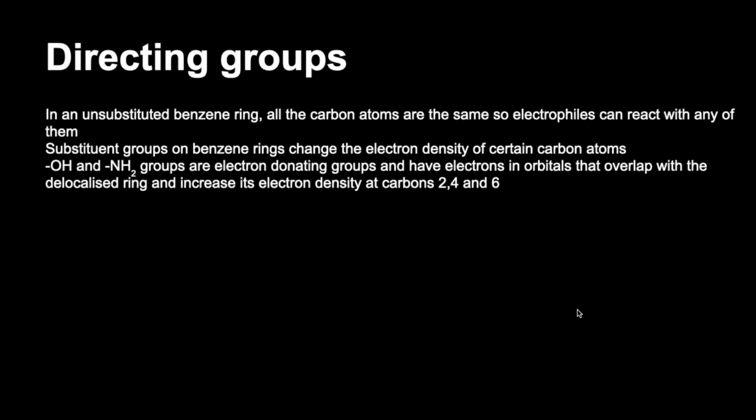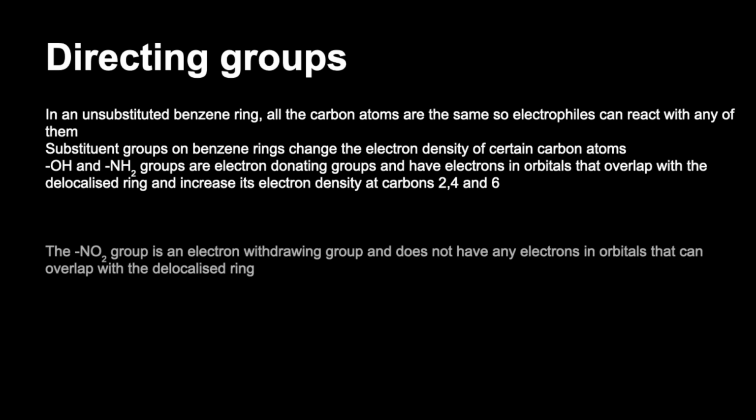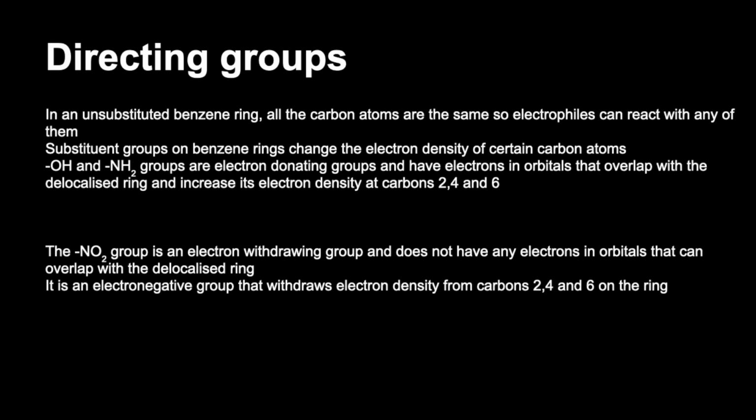So moving on to the opposite scenario to that now. So the NO2 group is the only group that you need to know about off by heart. That's electron withdrawing. So it doesn't have any electrons in orbitals that can overlap with the delocalized ring. It's an electronegative group, so it withdraws electron density from the ring, but specifically from carbons 2, 4 and 6.